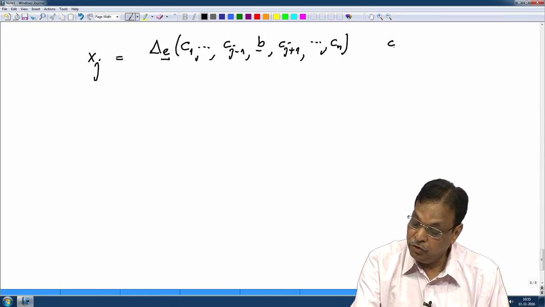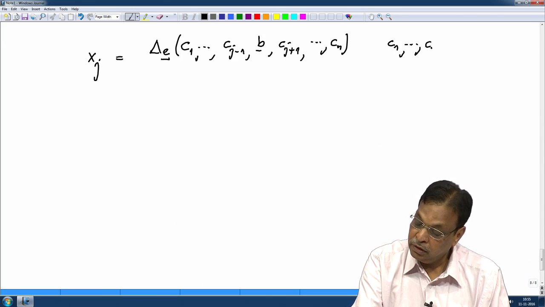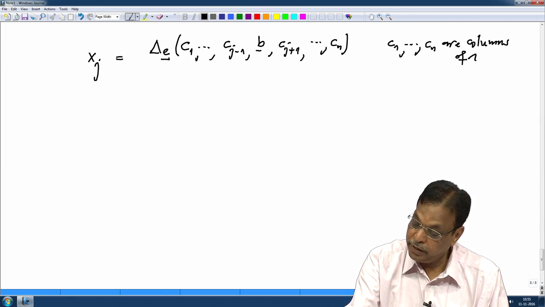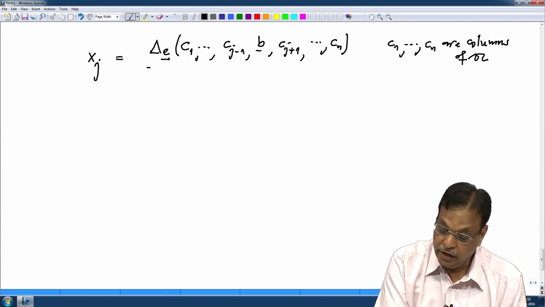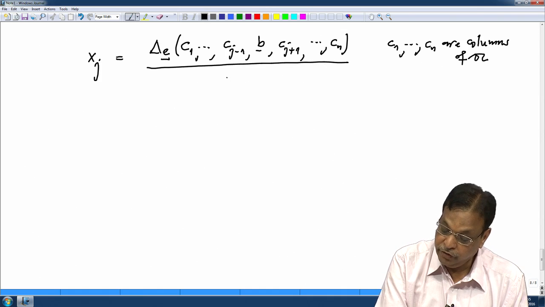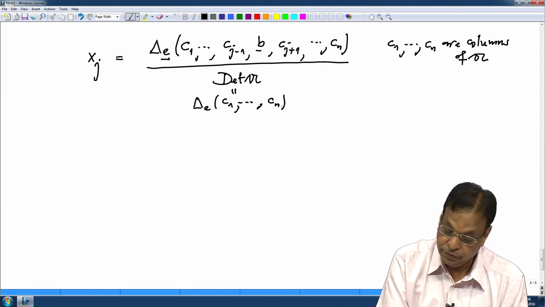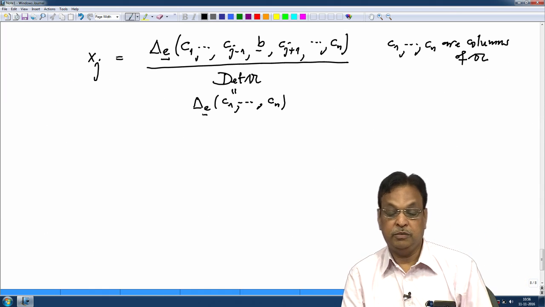So, remember here C1 to Cn are columns of the coefficient matrix A. This is the determinant of that, divided by determinant of A. I could have also written this as delta E of C1 to Cn, where delta is the standard determinant function.